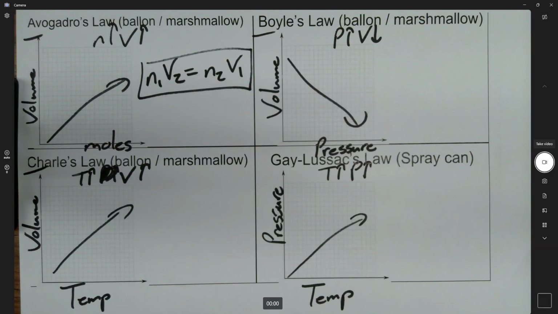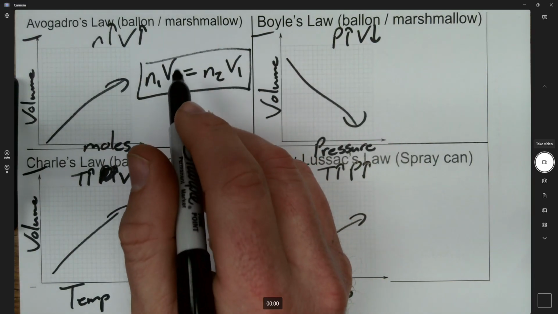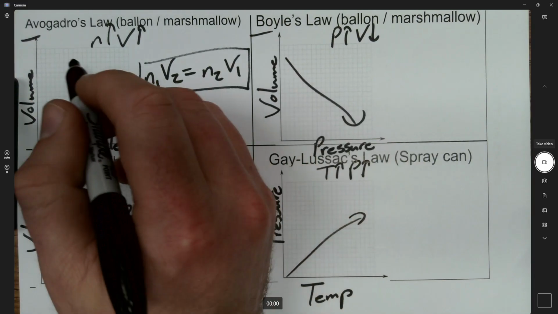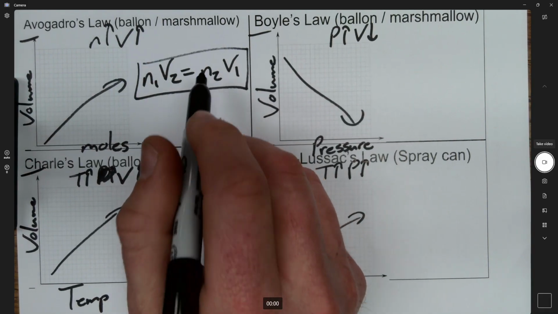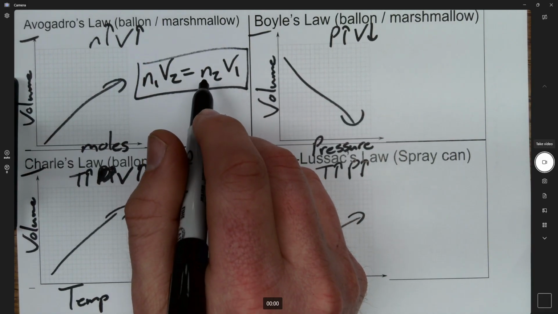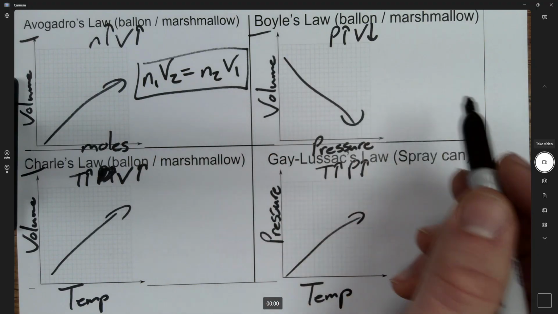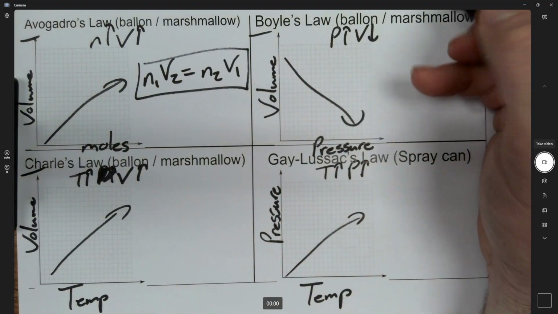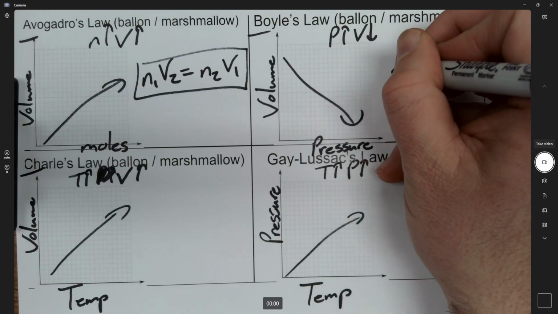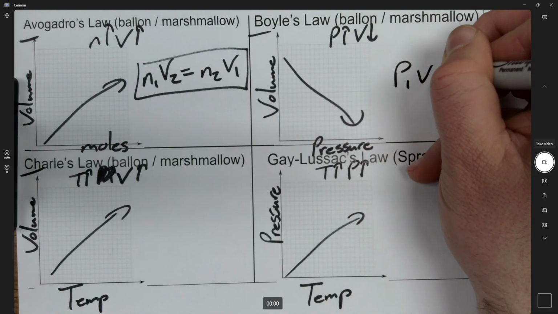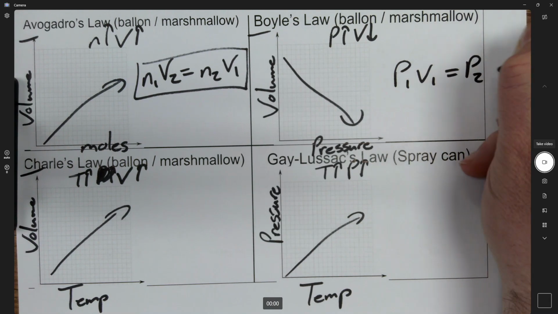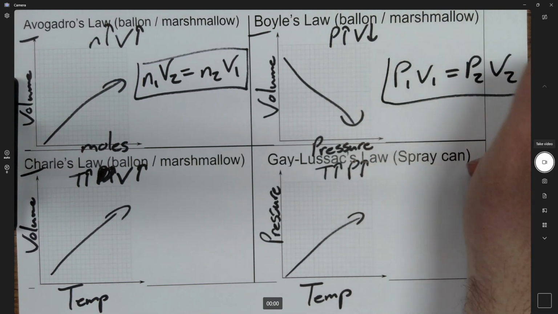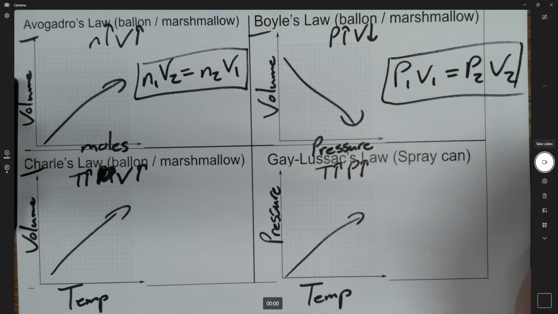To make life easier, I'm going to tell you what you need to know. When I go to Boyle, Boyle's my inverse. It's my weird one. P1 times V1 equals P2 times V2. That is the equation that I need to know.